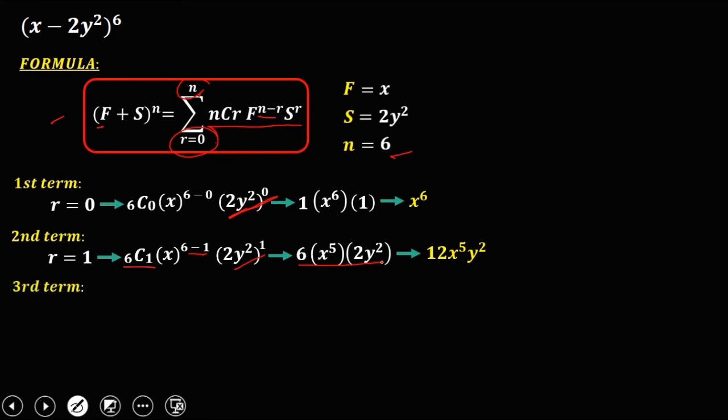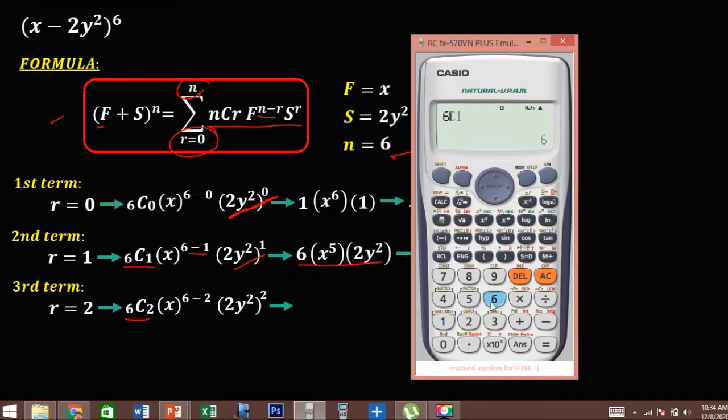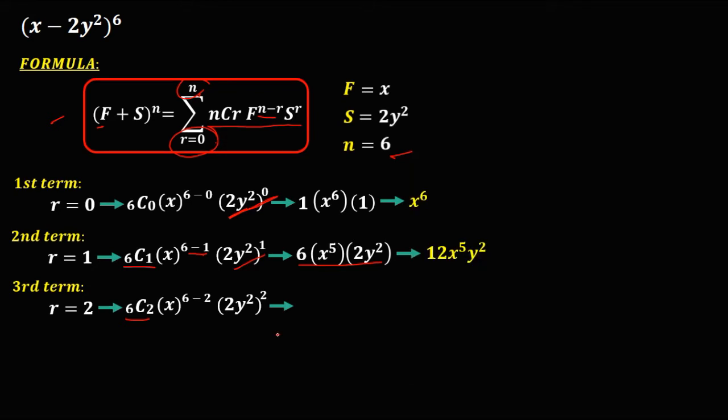Then for the third term, r equals 2, so 6 choose 2, then x to the power 6 minus 2, then 2y squared to the power 2. Then 6 choose 2 is 15, and 6 minus 2 is 4. For 2y squared to the power 2, distribute the exponent, so that becomes 2 to the power 2 and y squared times 2.